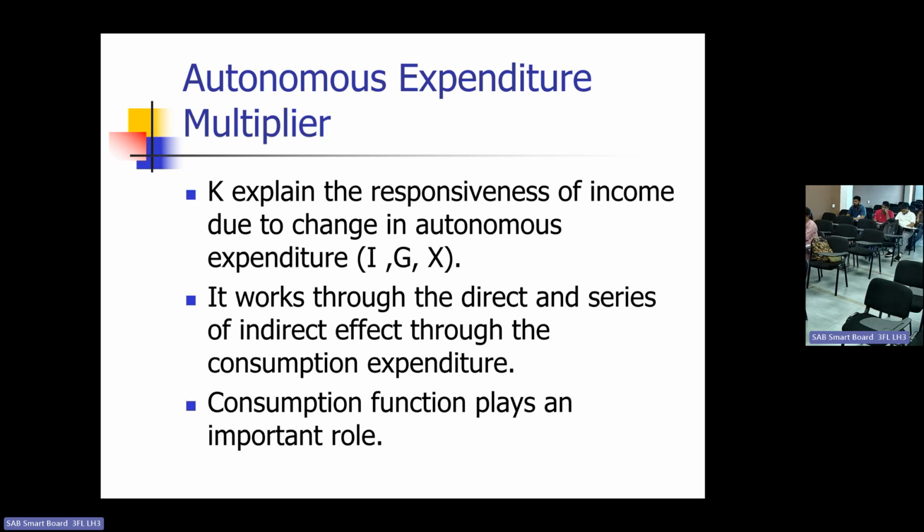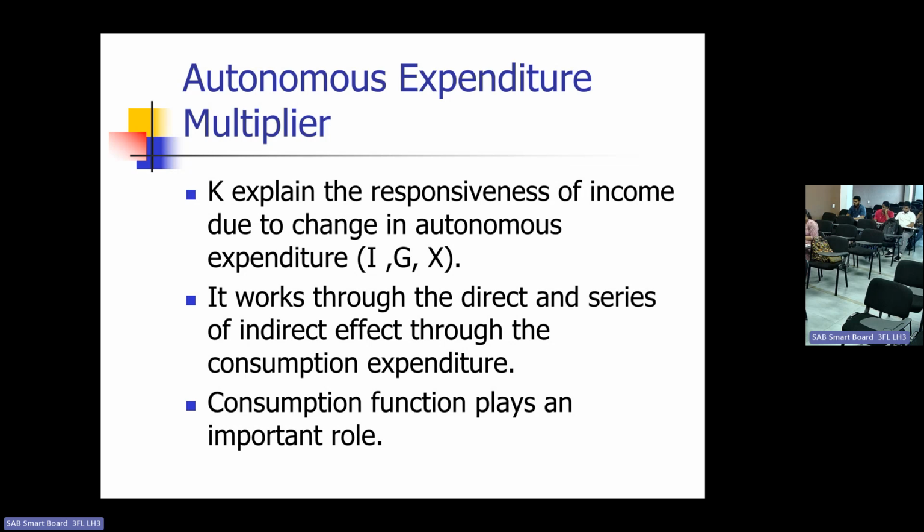These are the right side variables, all autonomous. With respect to changes in these variables, there will be a multiplier effect. Now we are going to derive the multiplier. Y is common, so Y times (1 minus C1 plus M1) equals autonomous expenditure.